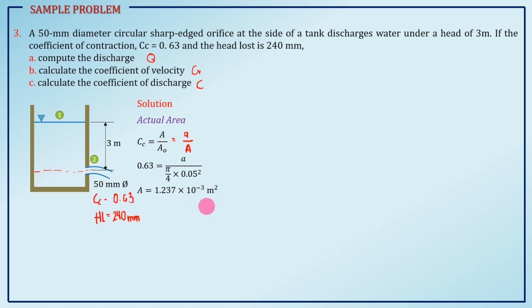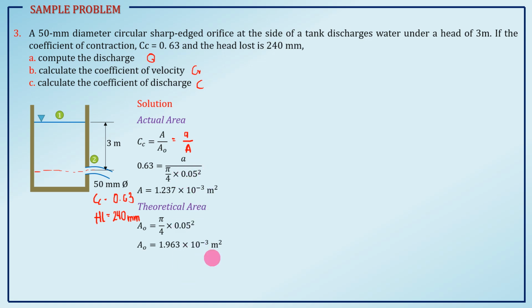That is the actual. Then, we have the theoretical value of our area, given by the orifice. That is pi over 4 times 0.05 squared, or 1.963 times 10 raised to negative 3 square meter. We will use this later in calculating the discharge.